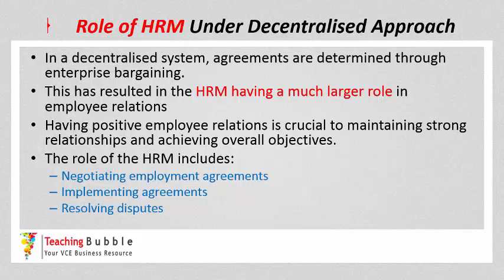There are three main roles we're going to look at today: negotiating employment agreements, implementing those agreements, and resolving any disputes. We're going to go through those three in a little more depth.